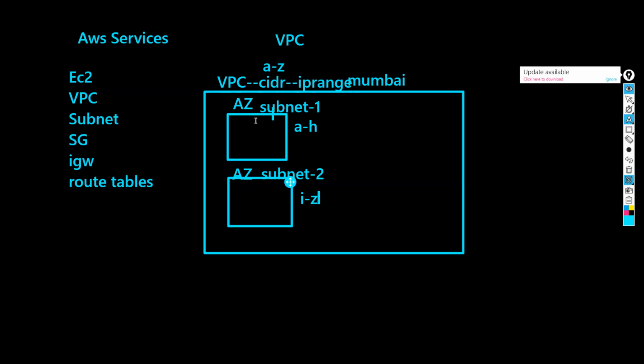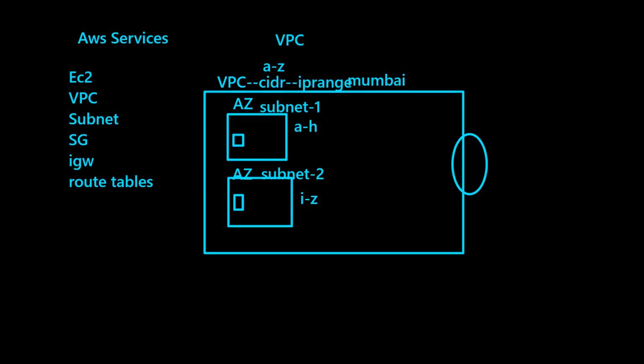Now, okay, fine, this is the VPC and these are the subnets. You may have some instance in this subnet and some other instance here. Let's suppose I want to allow internet traffic to this VPC. There comes another component called the internet gateway. Traffic will be routed through this internet gateway.